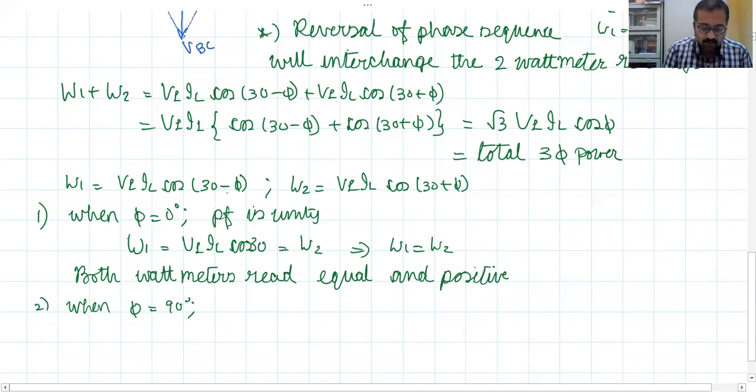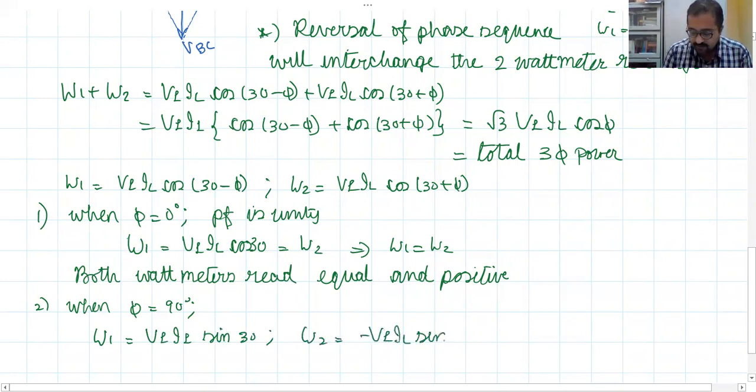W1 is VL IL cos(30 minus phi), W2 is VL IL cos(30 plus phi). When phi equals 90 degrees, W1 will be VL IL sin 30, and W2 will be minus VL IL sin 30. They will read equal and opposite, so that W1 plus W2 is equal to 0.